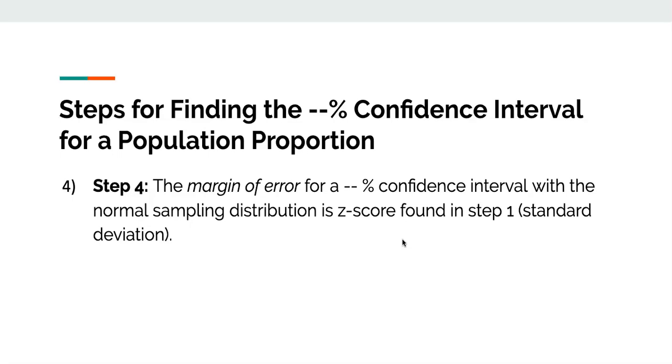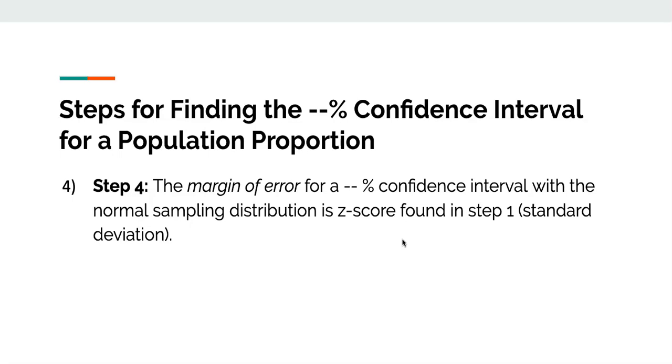All right, step number 4. Write down somewhere on your paper that the margin of error equals z-score times standard error. I think it's going to show you somewhere else, but what we mean by the margin of error is how far we're going to go up from our point estimate or how far we're going to go down from that point estimate. It's just that number that we're going to add to or subtract from the point estimate. But how do we find that margin of error?